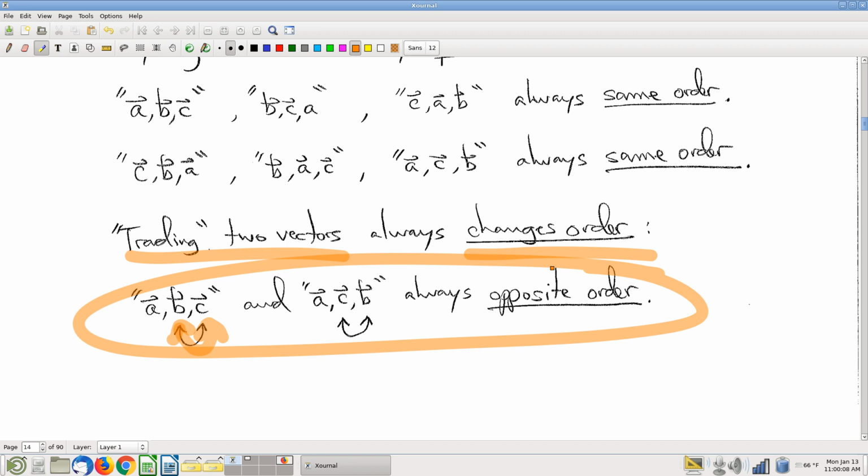Let's suppose this is ABC right here. A, B, C, right? Apologies to those watching on the recording. If I were to switch the order, keep in mind that's A, that's B, that's C. If I were to trade A and B, now I'm about to commit a little crime here.